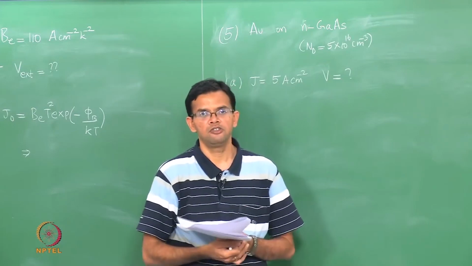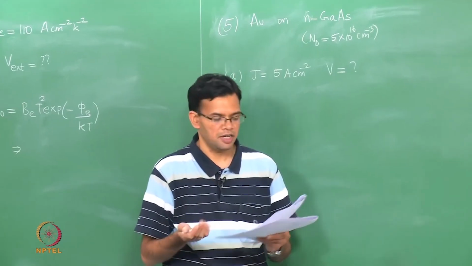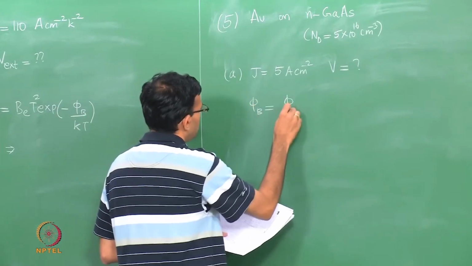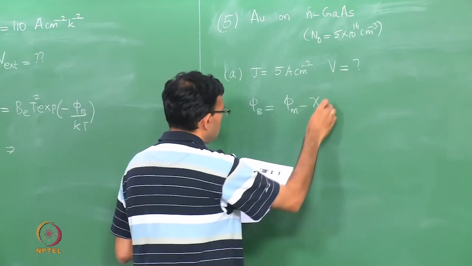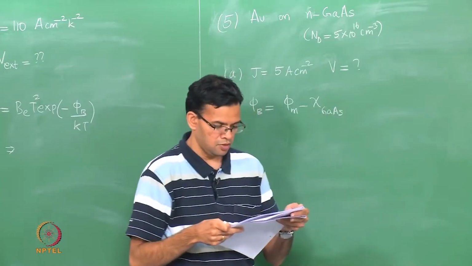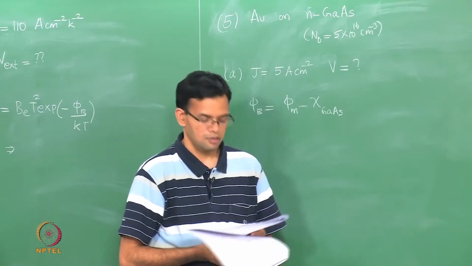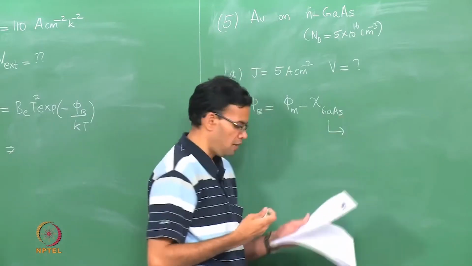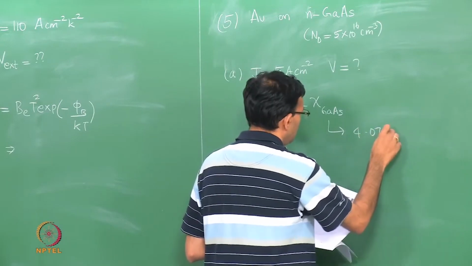The first thing we need to do is to calculate the barrier potential. We are going to assume that it is a theoretical barrier. So, we need to know phi b, which is nothing but phi m minus the electron affinity for gallium arsenide. In this particular case, Eg of gallium arsenide is given, but more importantly we only need the electron affinity. This has a value of 4.07 eV.